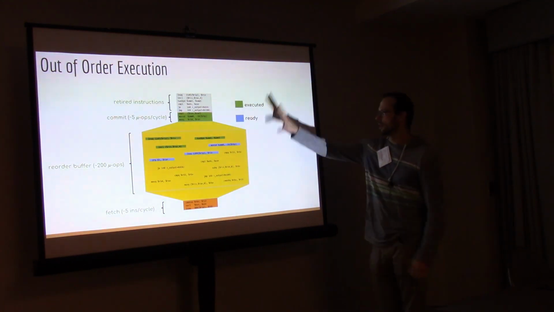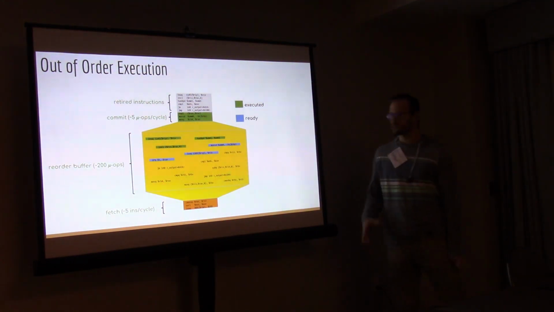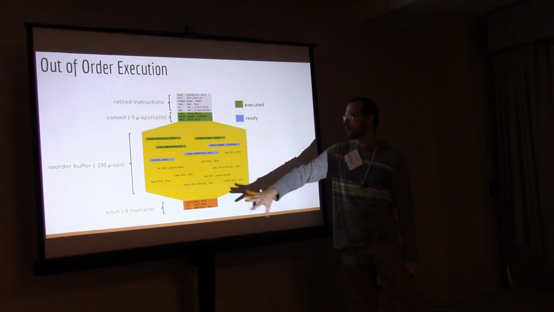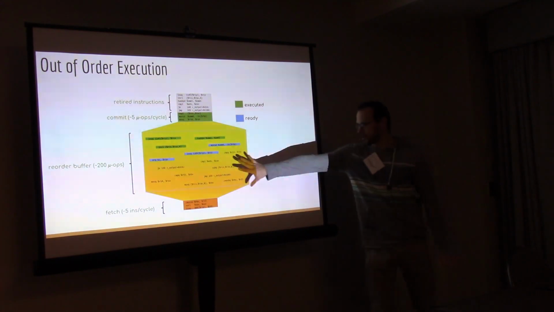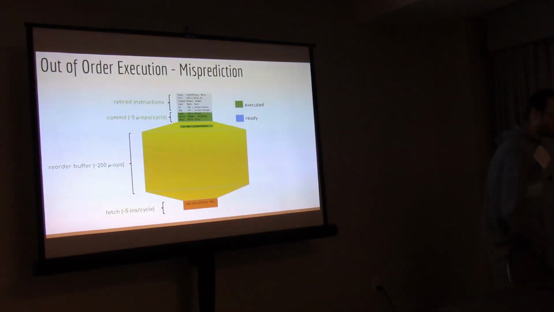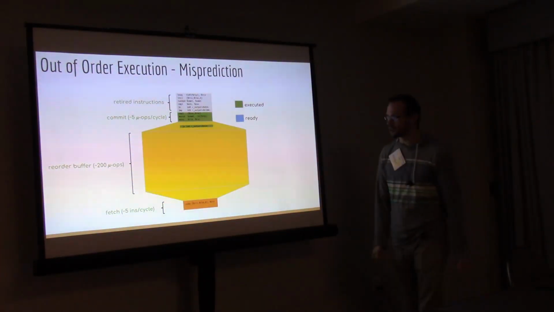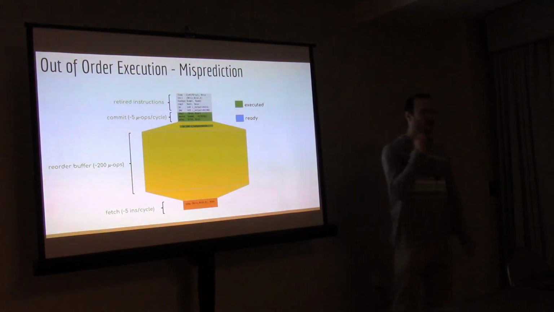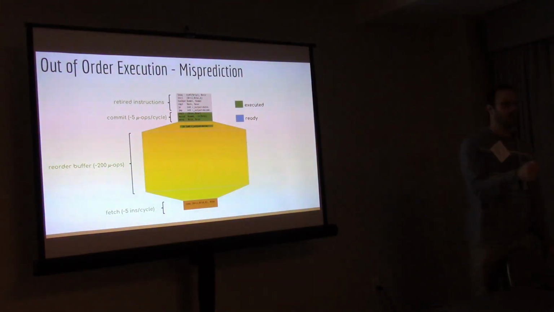So just to illustrate that, in the reorder buffer, there are some instructions which have already been executed and will be committed in program order. There's some that are ready, and then there's some that are not yet ready because they have data dependencies. So when the CPU actually commits a branch, not when it executes a branch or fetches a branch, when it commits a branch, that's when it knows that it was actually correct or not.